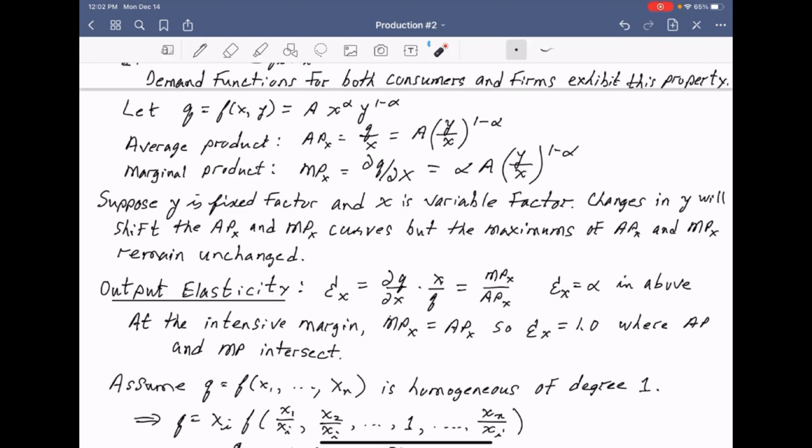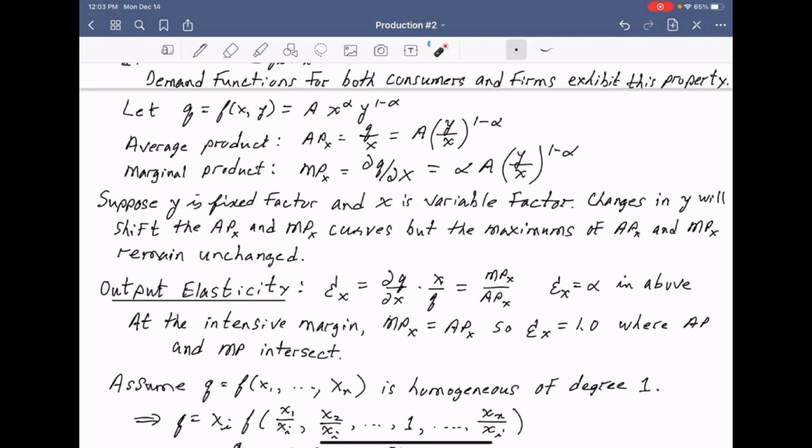Then the average product of x is simply Q over x, which is equal to a times the ratio of y over x to the 1 minus alpha. We can find the marginal product as the partial derivative of Q with respect to x, and it's equal to alpha a times y over x to the 1 minus alpha. So we find that the difference between the two is really this alpha here.